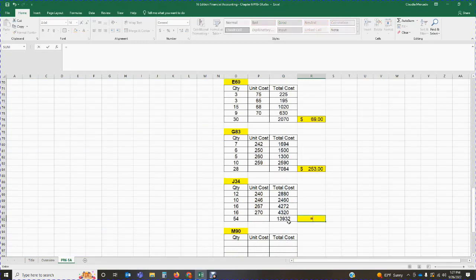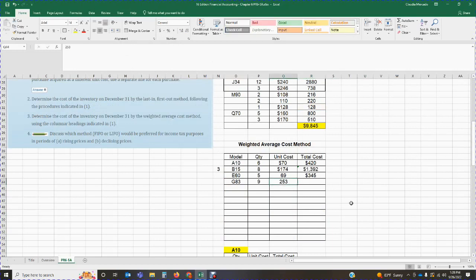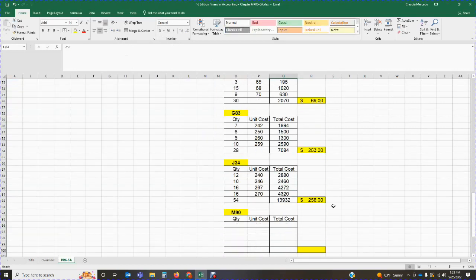Okay, so now I'm going to get the total cost divided by the quantity, and that's going to give me $258 per unit average cost. Now that I have that, I'm going to bring that over. So that is J34 at $258.